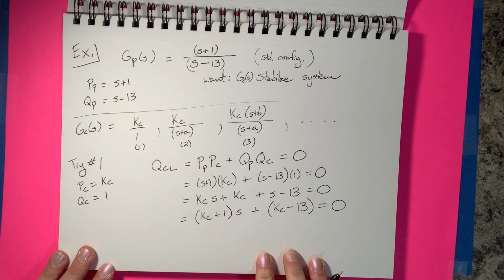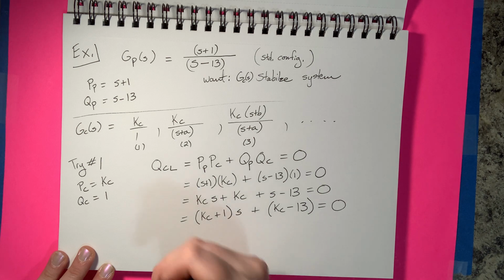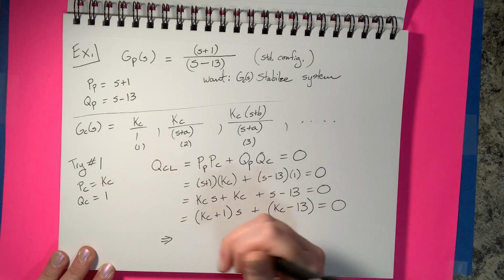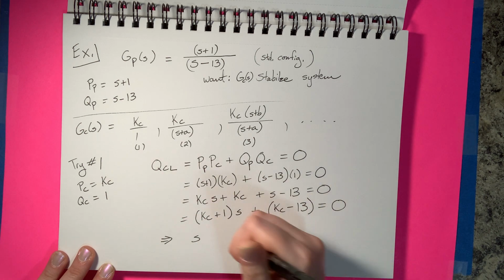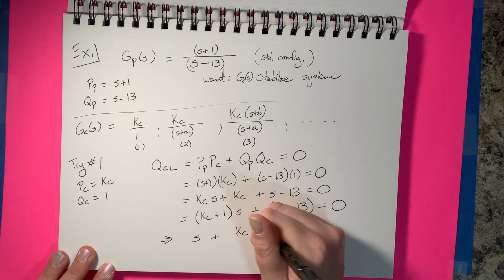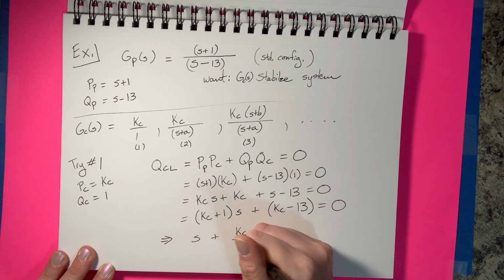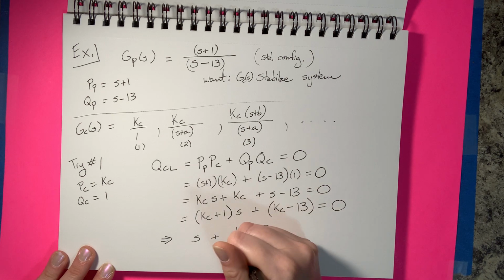What you can do in this case is you can divide through by KC plus 1. If you divide through, then you can determine necessary and sufficient conditions. So let's do that. So we've got S plus KC minus 13 over KC plus 1. So we just divided through.